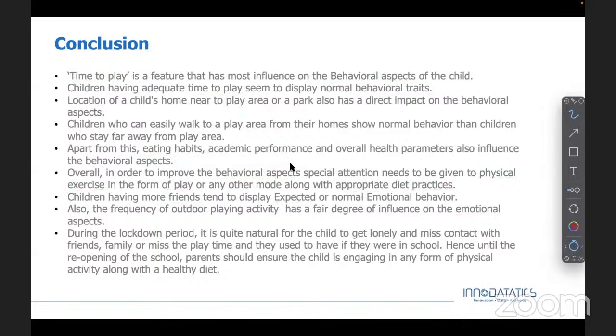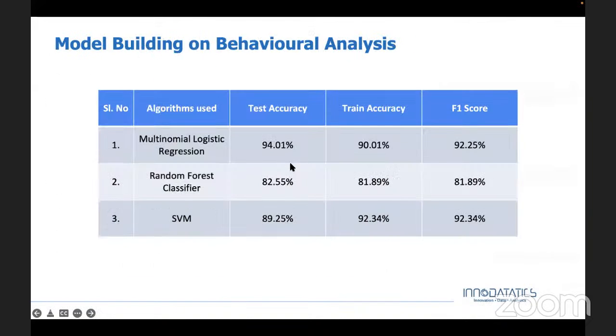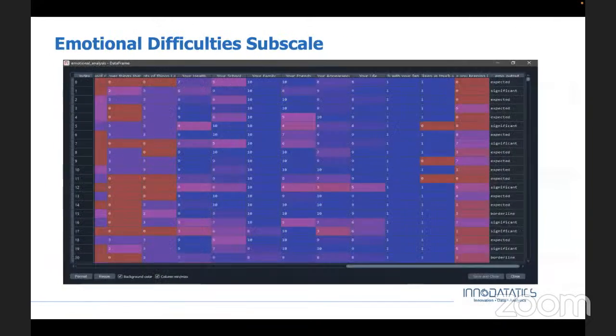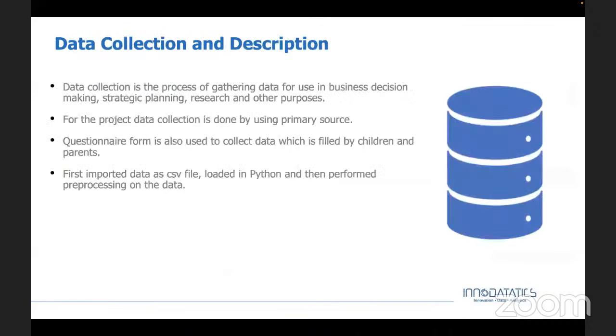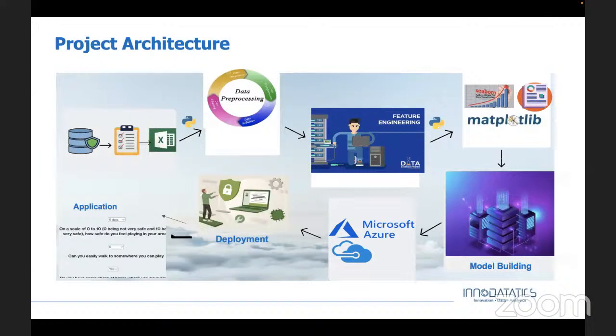While these were a few insights which were drawn, the key thing for you as a budding data scientist would be to understand this architecture. How the data is being collected, how you are loading that into Python, how you are doing pre-processing and feature engineering, what kind of visualizations you are drawing, and what insights you are drawing from that.